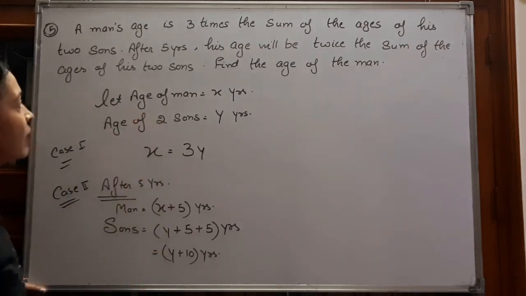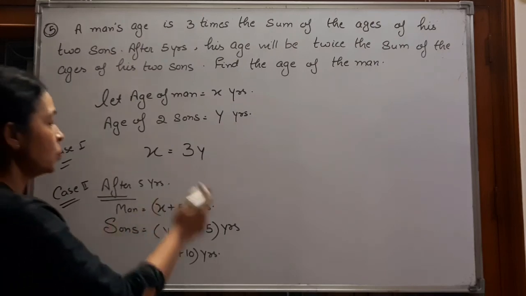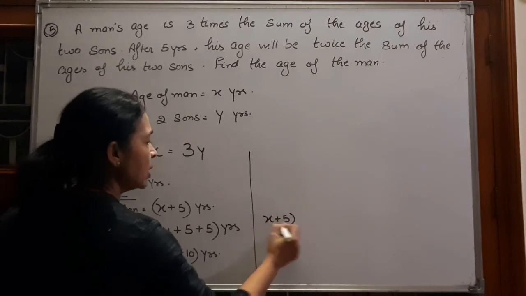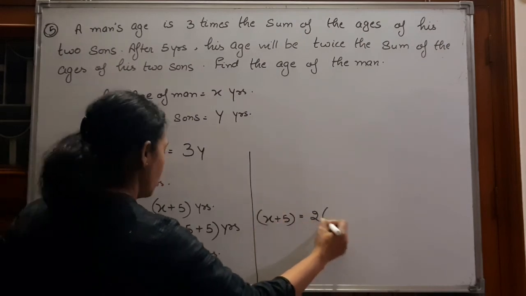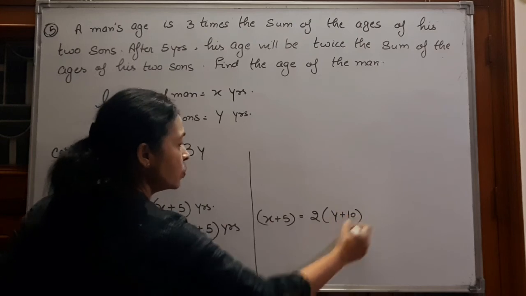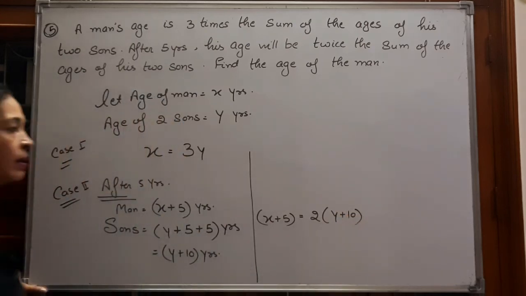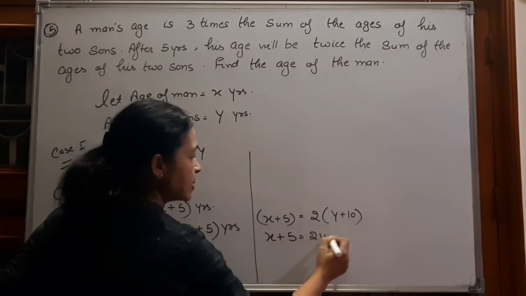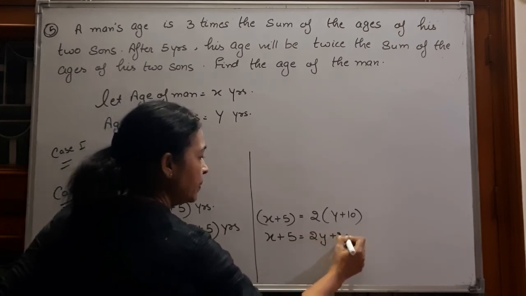Clear? After 5 years, his age will be twice the sum of the ages of the two sons. In case 2, the father's age was twice the sum of the ages of the two sons. This is x plus 5 equals 2 times (y plus 10), which is 2y plus 20.